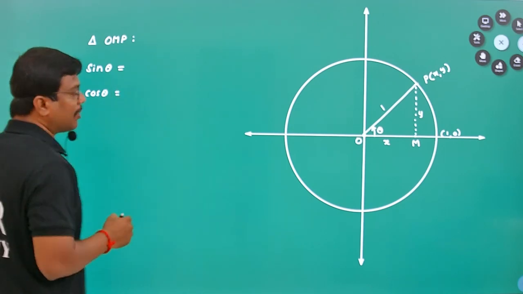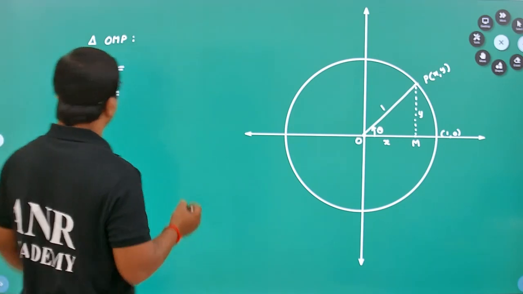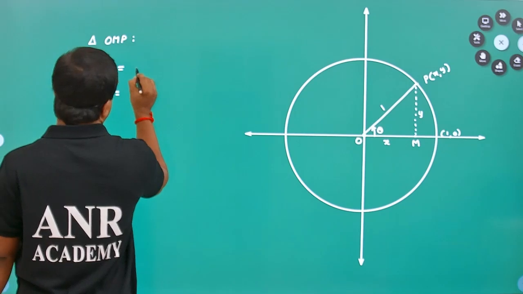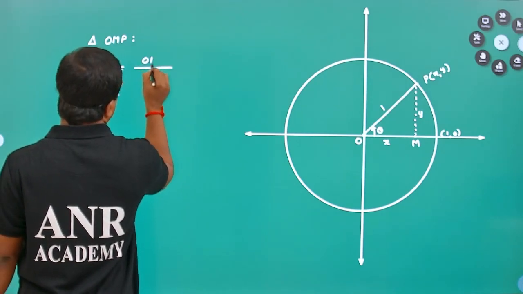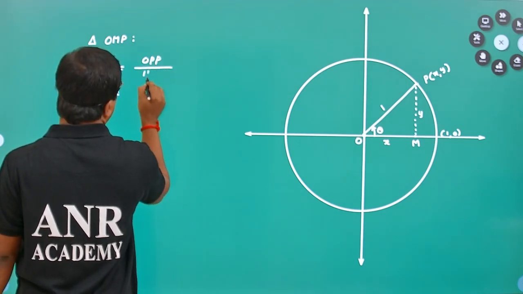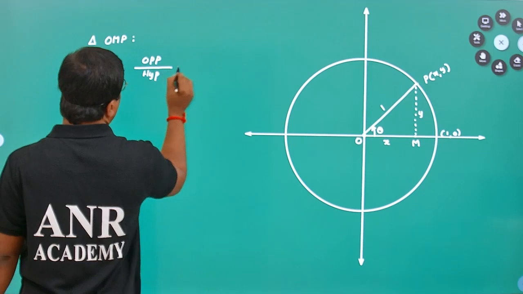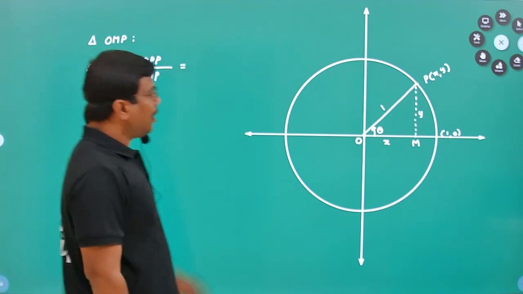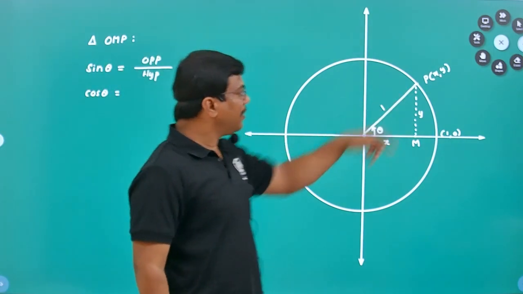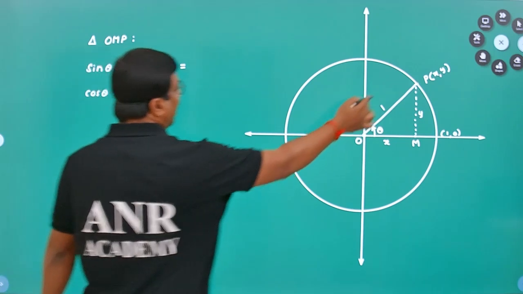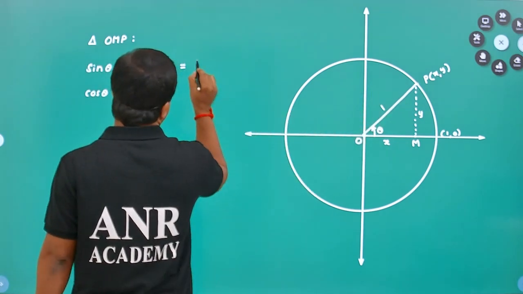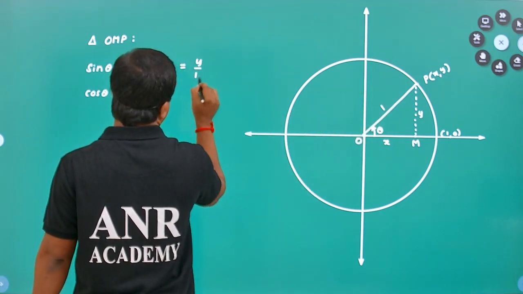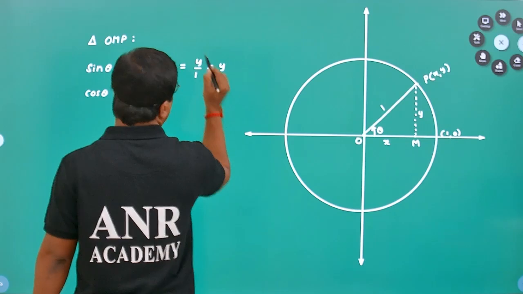We know that sin theta is opposite divided by hypotenuse. Here, opposite to theta you have y and the hypotenuse is 1. So it is y by 1, nothing but y.